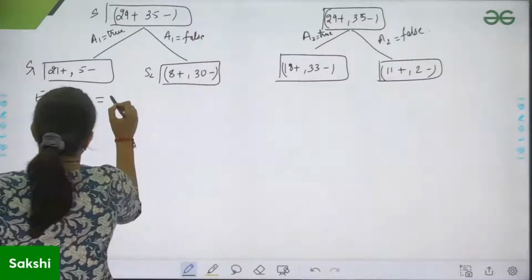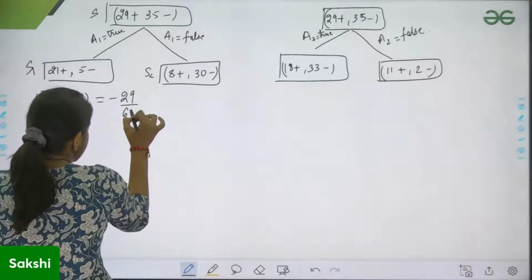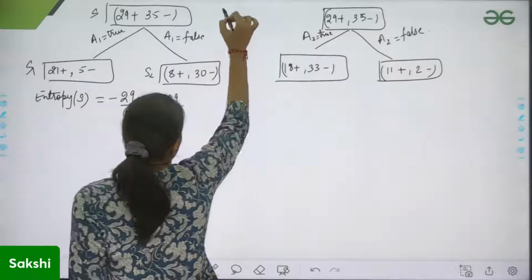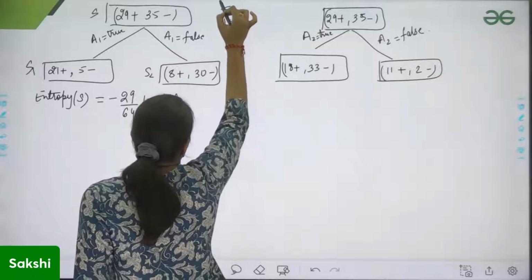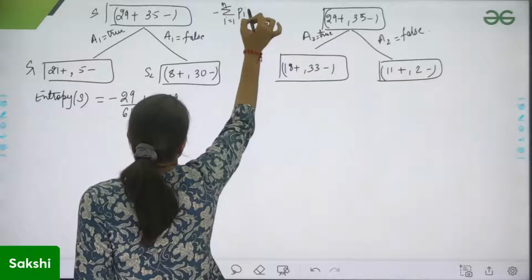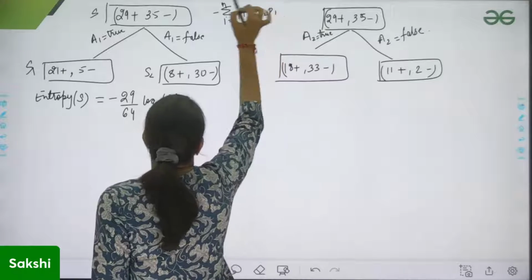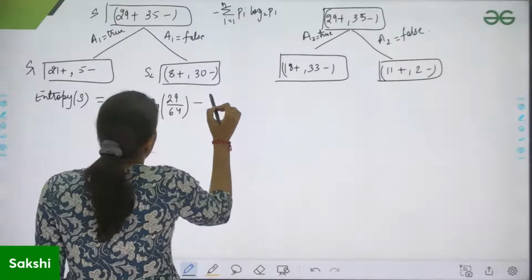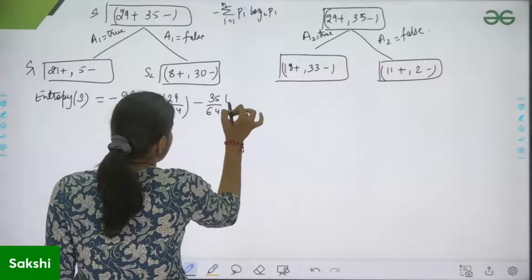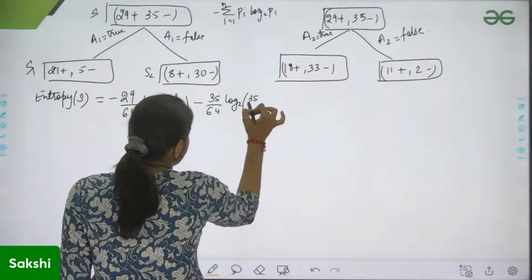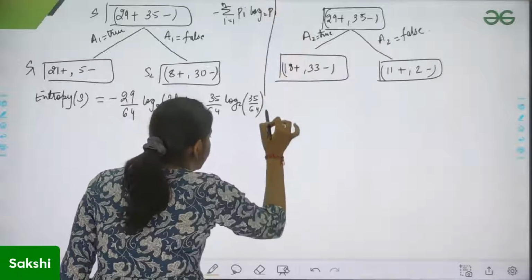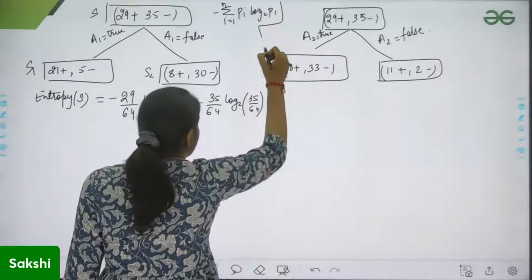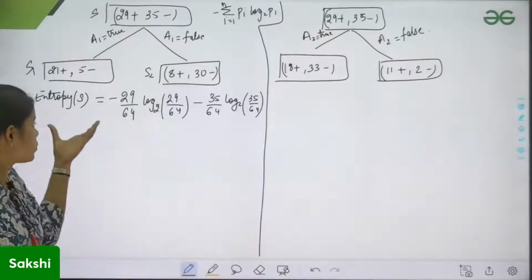So here it would become minus 29 by 64 log to the base 2 of 29 by 64, minus 35 by 64 log to the base 2 of 35 by 64. So this is the entropy at S.